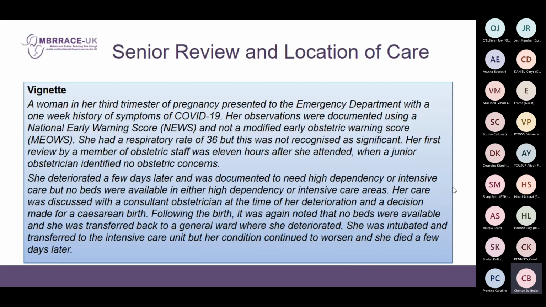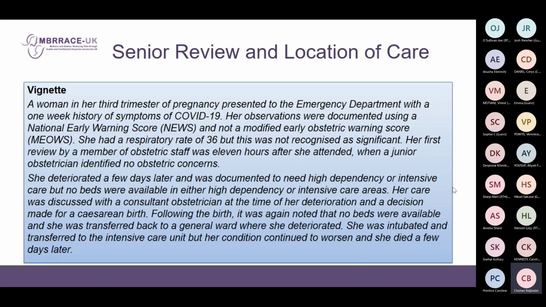Yes, last case, all doom and gloom. A woman in her third trimester went to ED with a 1 week history of COVID symptoms. Her observations were put on a NEWS chart, but not a MEWS or MEOWS chart. She had a respiratory rate of 36, which was not recognised as significant. Her first review by a member of obstetric staff was 11 hours after she attended, when a junior obstetrician found no obstetric concerns.